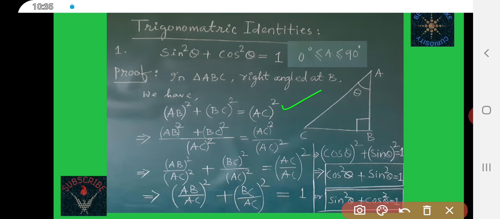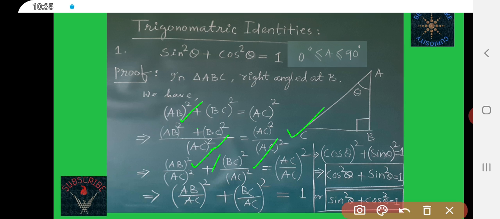Now you divide this equation both the side by AC square. Now you separate the term, AB square by AC square you can write, plus BC square by AC square.